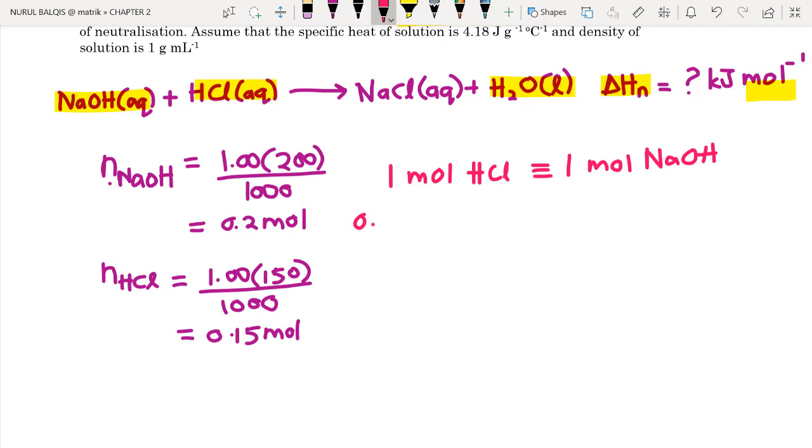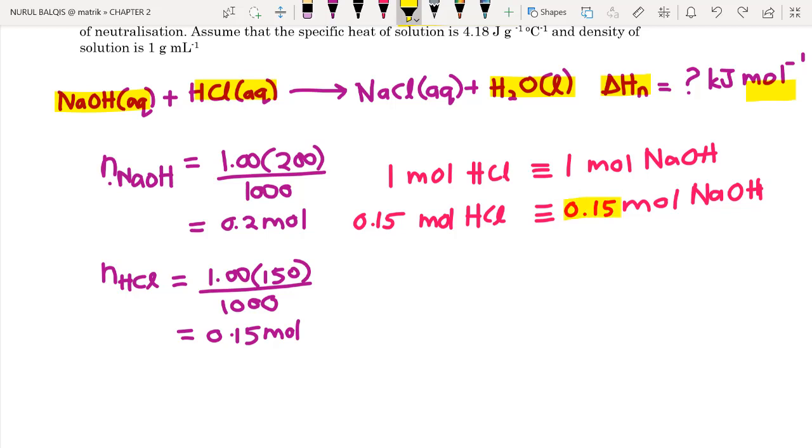Therefore, 0.15 mole HCl must react with 0.15 mole sodium hydroxide. So if we compare the number of moles needed for these reactions with the number of moles provided, we can see that sodium hydroxide is in excess.